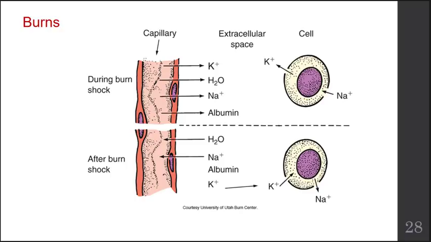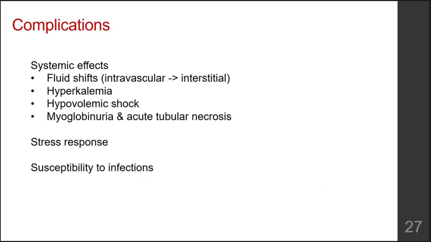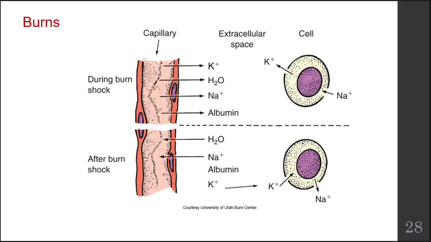A little bit more about what we spoke about on the previous slide relating to hyperkalemia. Remember that cells have a lot of potassium inside, and when a cell is damaged, potassium can escape and it can enter the blood and lead to high levels of potassium in the blood. And this can affect such organs as the heart, which works on an electrical gradient. The brain can also be affected as well.